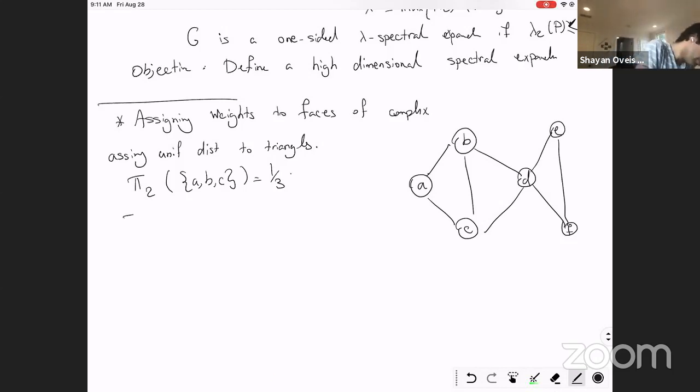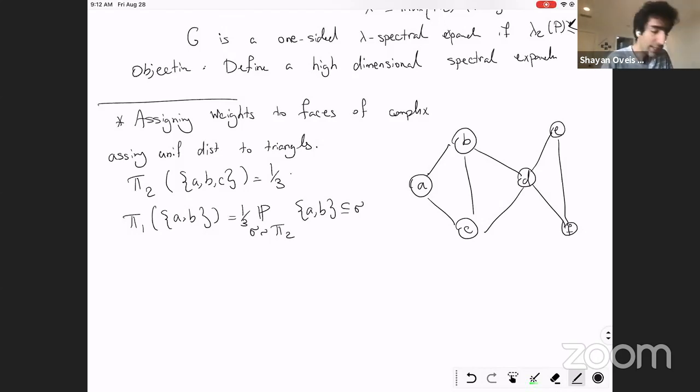So pi1 of an edge, A comma B, is equal to the probability that you choose a triangle sigma according to pi2, the probability that A comma B is a subset of sigma, times 1/3, right?